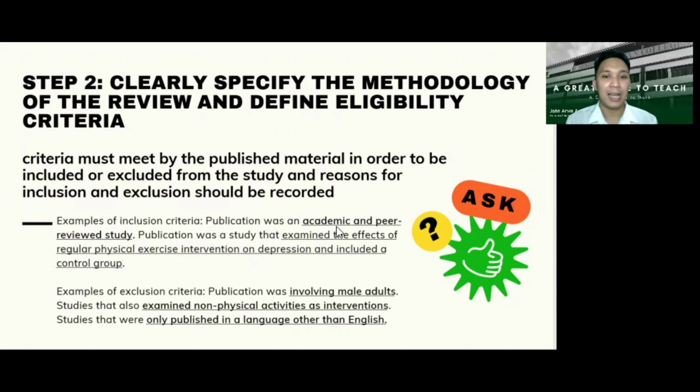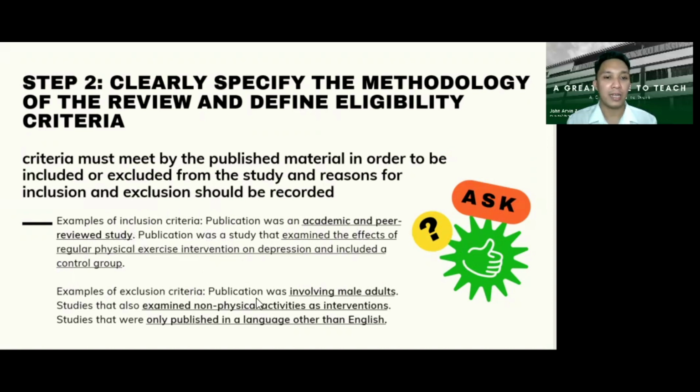In this particular example, it includes those people who might think that physical exercise can help them, and it also includes an experimental control group. So that's the inclusion criteria of the particular study.